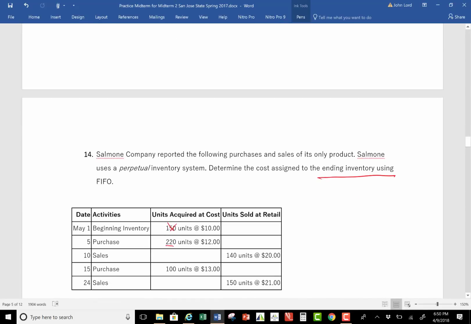So 220 minus 140, I guess that's where I was getting the 80. There's 80 left. So we've got 80 of those times $12 left. And then we haven't sold any of these, right? We've got 100 of those left of that purchase at $13.